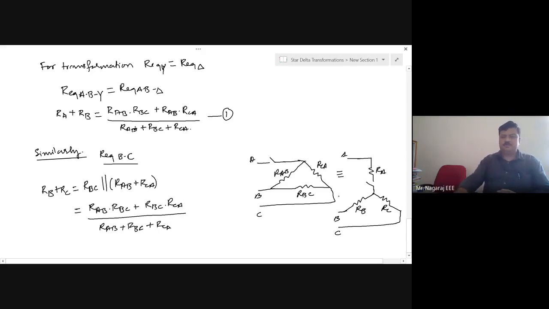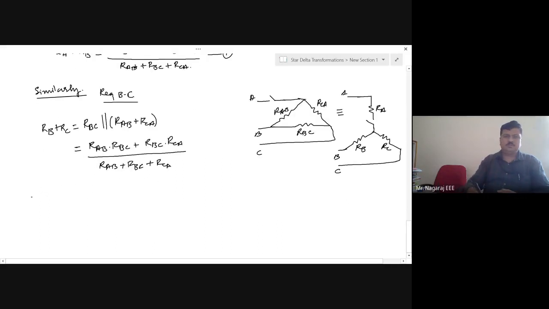Okay. What about R equivalent between C and A? So when in C and A, terminal B should be open.